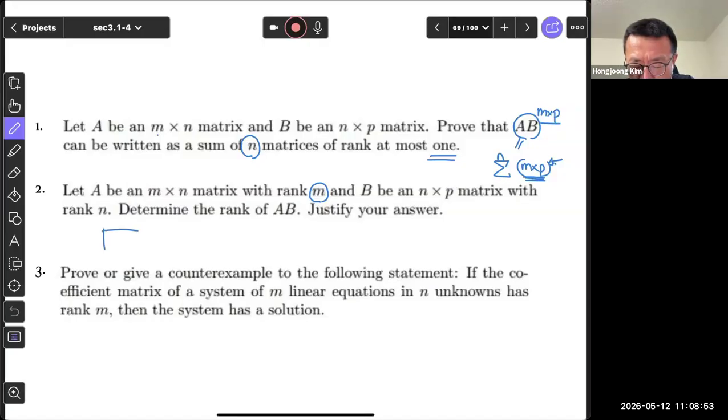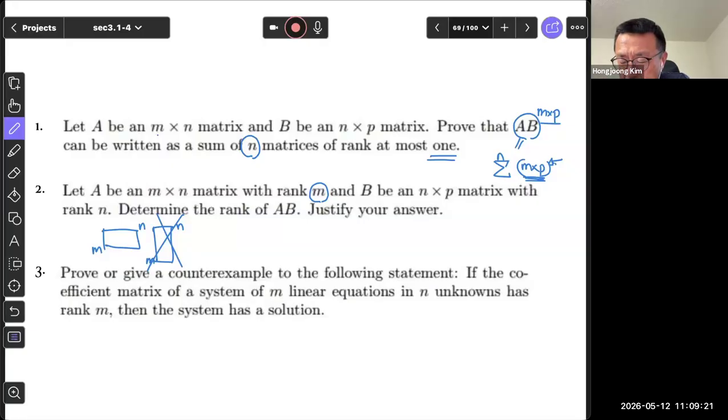Is it this shape or this shape? Which one is true? If the rank is m, the number of rows, then the second one cannot be the situation, right? m will be less than or equal to n. That's what I can derive from the first statement.